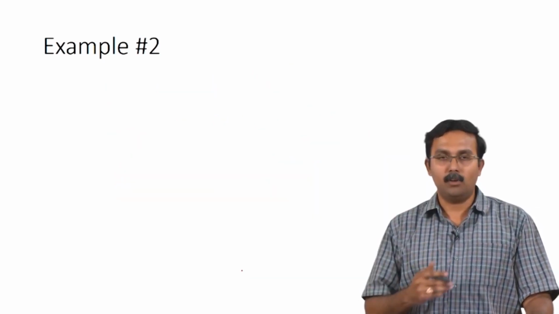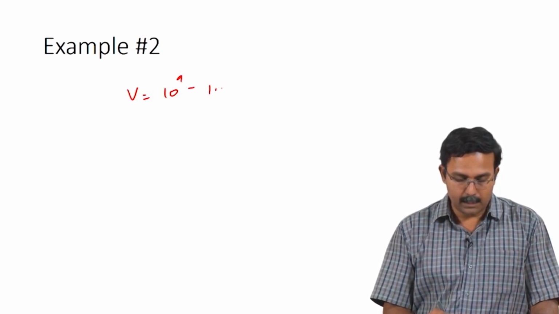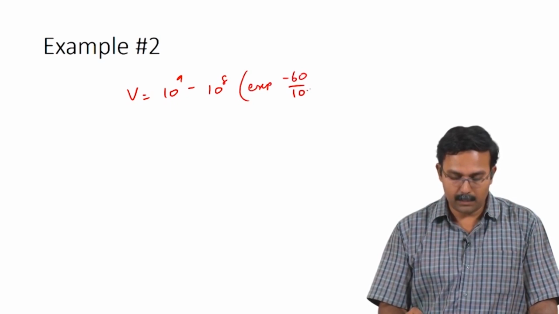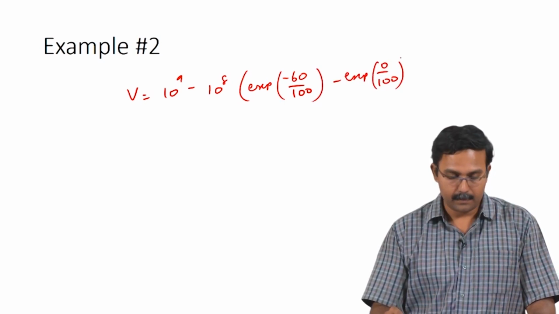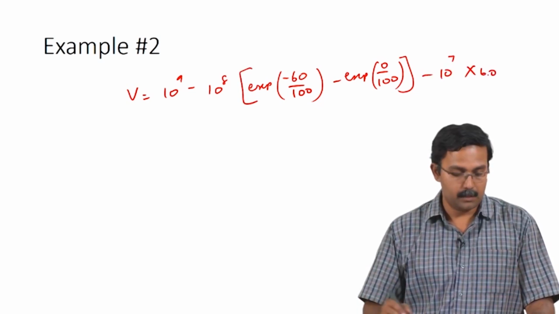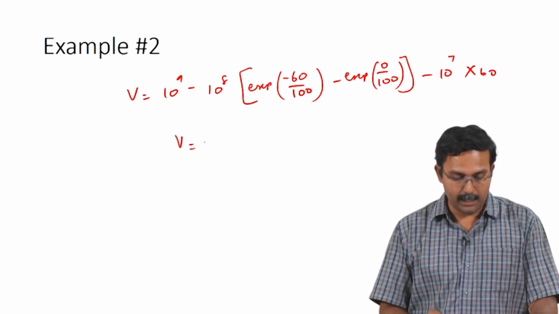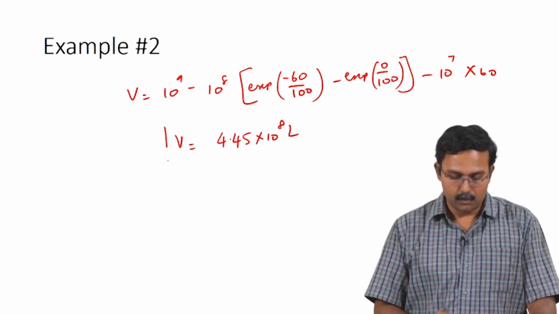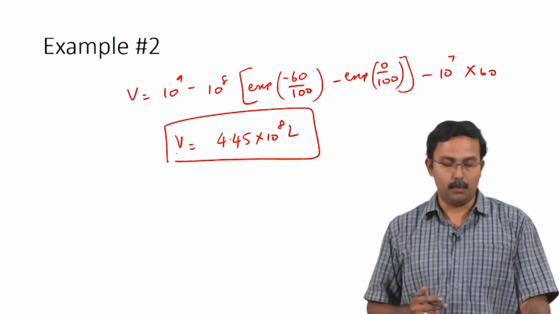By applying the limits and solving, we get V equals 10^9 minus 10^8 times (exponential of minus 60 by 100 minus exponential of 0 by 100) minus 10^7 times 60. You can solve this equation and get the value of V as 4.45 times 10^8 liters. This would be the final volume of the reservoir after 60 days of drought.